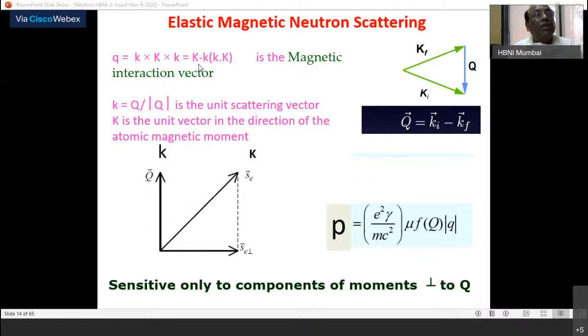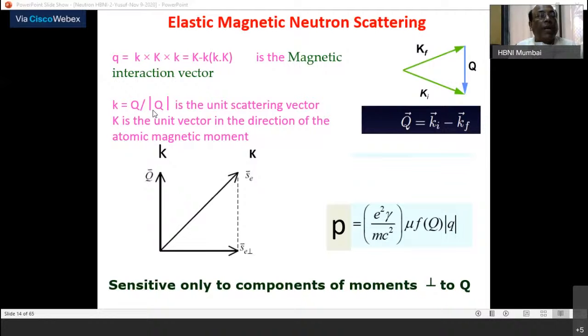Now, how does this interaction, the so-called neutron magnetic moment, work? There is something called the magnetic interaction vector Q, and it is small k cross capital K cross small k, and if you expand it, it is capital K minus small k times the dot product of small k and capital K. Now, what is small k?